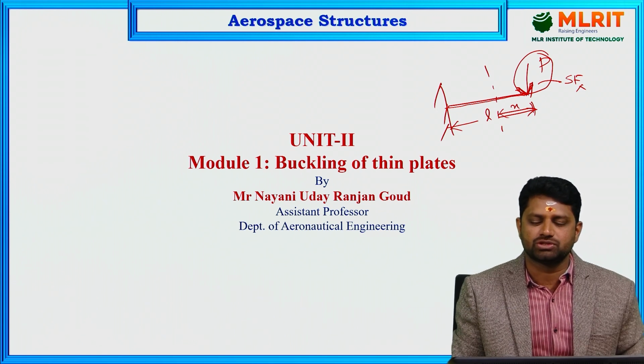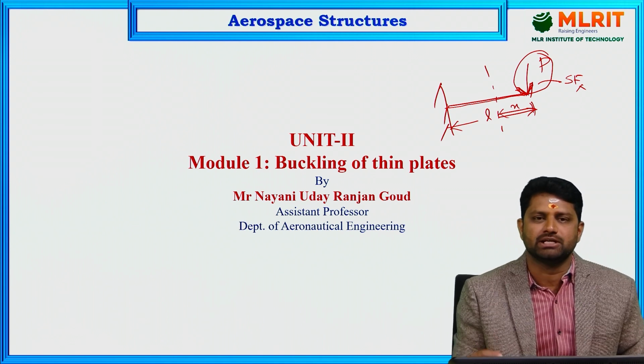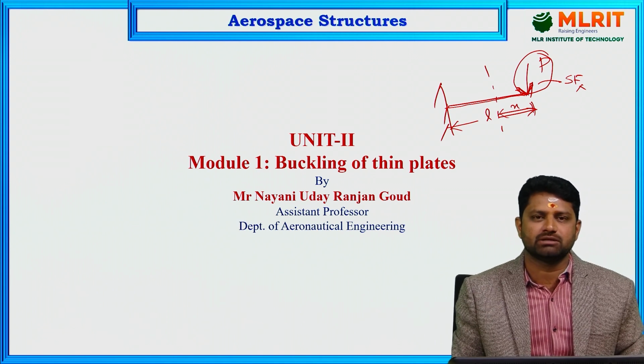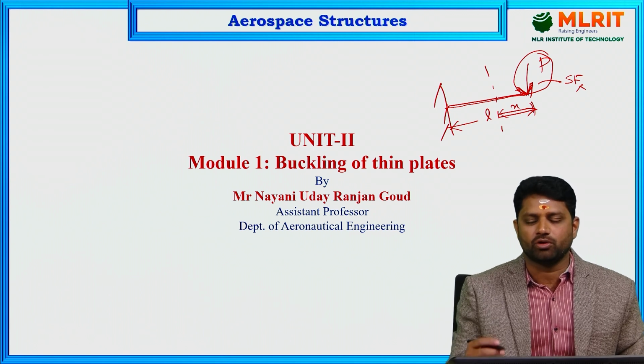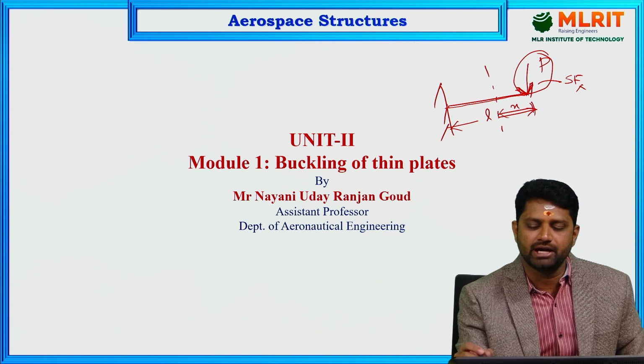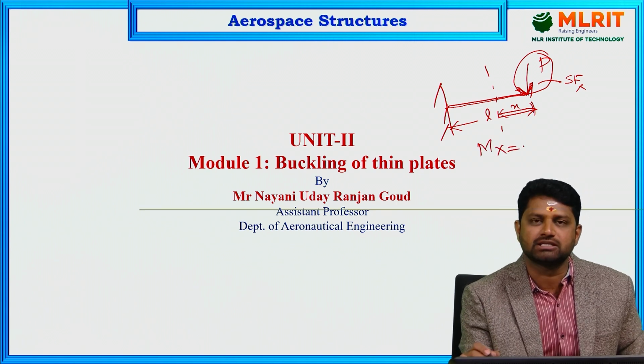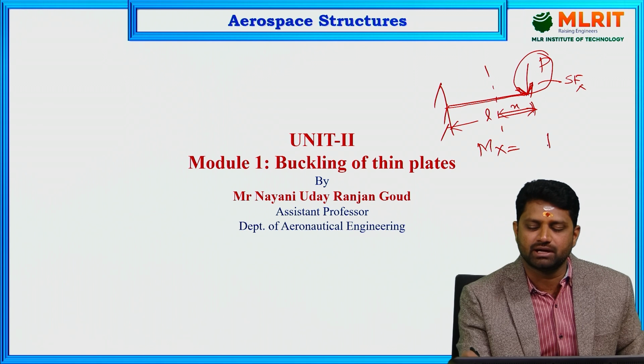Now when it comes to the bending moment, we know that bending moment is nothing but force into perpendicular distance from the point where we are calculating the moment. Therefore, if we write the bending moment at this section x, we write Mx as the bending moment, which is nothing but force into perpendicular distance.